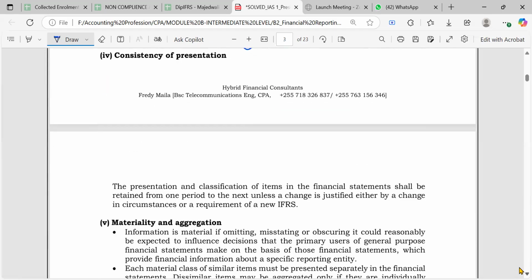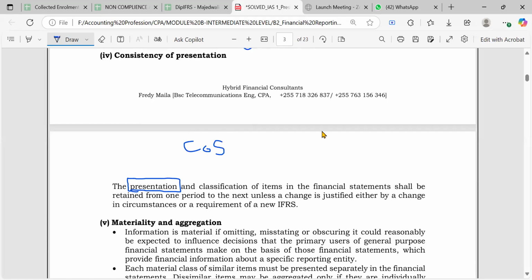That's just a normal point. When we speak of consistency, we focus on comparability. You need to be consistent in your presentation of financial statements. Do you remember about accounting policies? We spoke of it yesterday. We said when you choose the presentation, let's say depreciation stays in cost of sales, you should be consistent over the years, right?